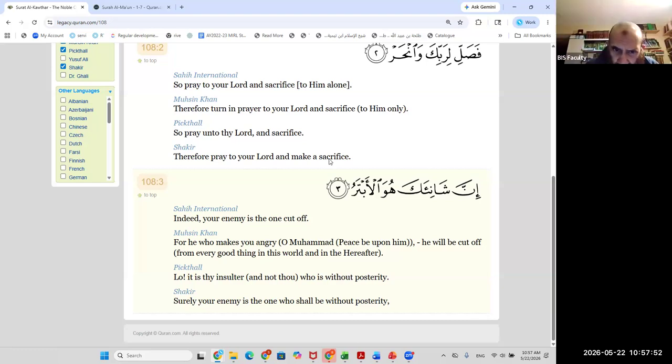Yeah, I think Pickthall here is better, because shani is ism fa'il, active participle from the word shana'a, to insult or something like that. Makes you angry. The one who makes you angry.